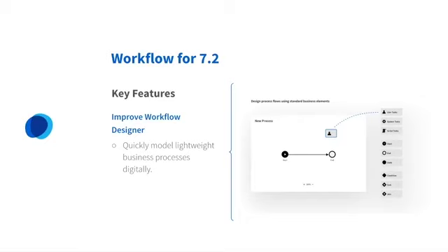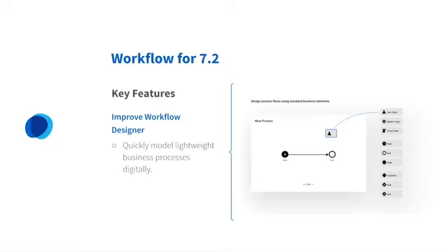So let's talk about workflow for 7.2. We want to improve our workflow designer. Our customers have given us a lot of feedback that our application right now should be more useful, more user-friendly, and easier to use.